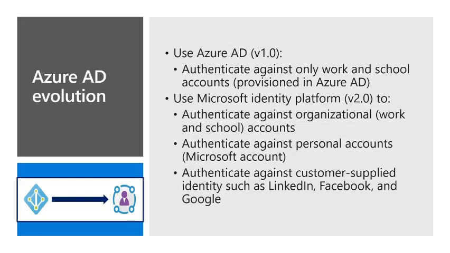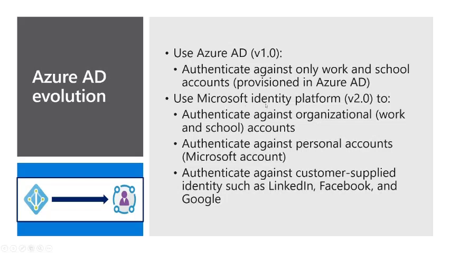So previously people were used to have Azure Active Directory only, and then Microsoft introduced also Microsoft Identity Platform. Before, we used to have Azure Active Directory only, which authenticated only work or school accounts provisioned in Azure Active Directory.